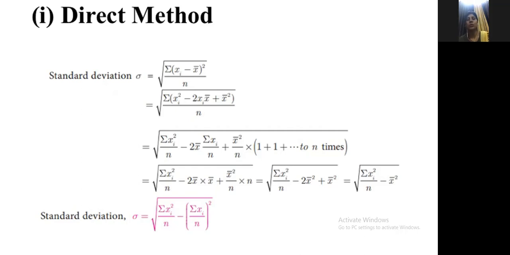So the formula you can see in the pink color here: sigma is equal to the square root of summation xi square divided by n minus the bracket summation xi upon n whole square. So these are the two forms in which you use standard deviation. Both are similar.